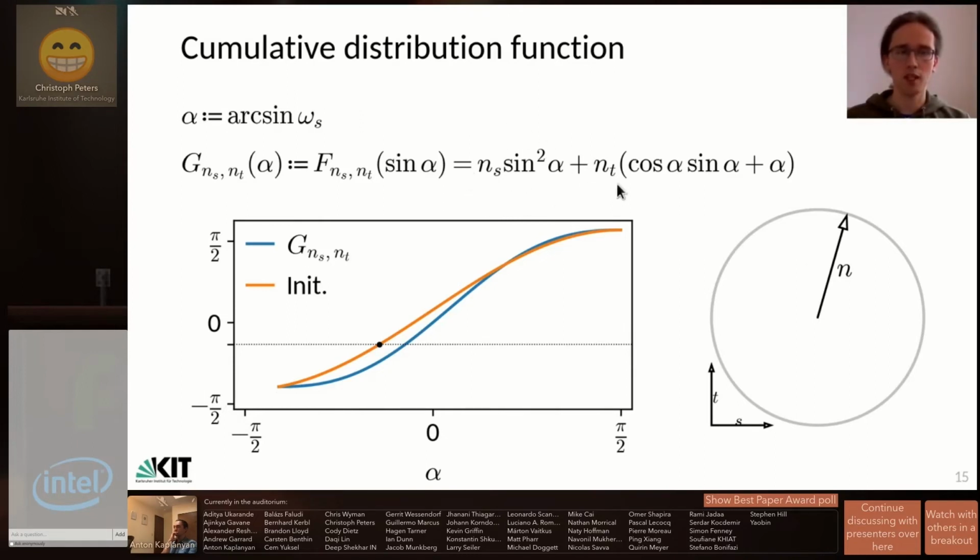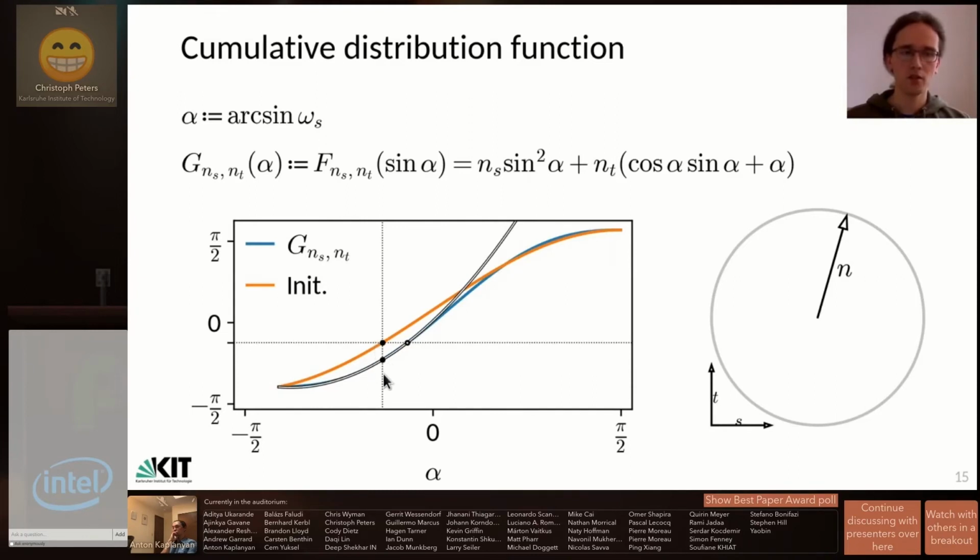We have a sine squared here, cosine times sine, a linear term. So all of these are very well behaved functions without any degeneracies. And in particular, that means that if we take a quadratic Taylor approximation, as shown here by this parabola, this approximation will provide a good local fit to our function g.